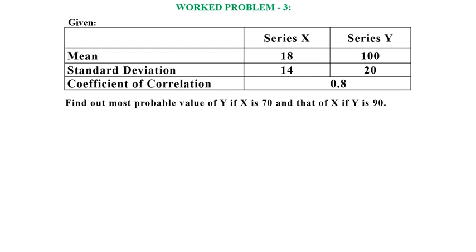Find out the most probable value of y if x is 70 and the most probable value of x if y is given as 90. So this is the problem. Again, we are not directly asked to construct regression equations, but indirectly we need regression equations to find out the probable values as given in the problem.